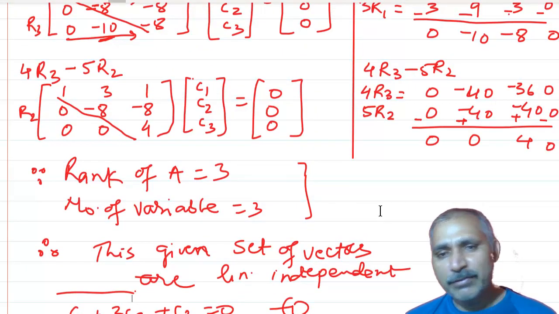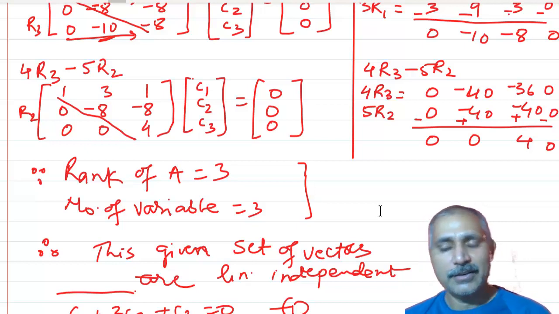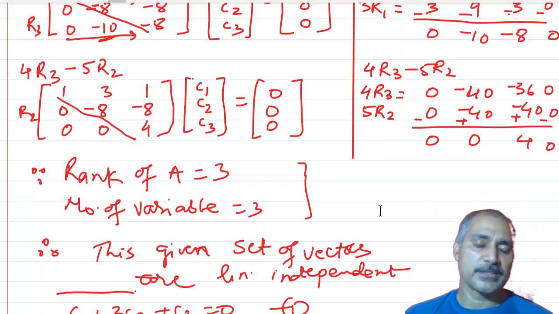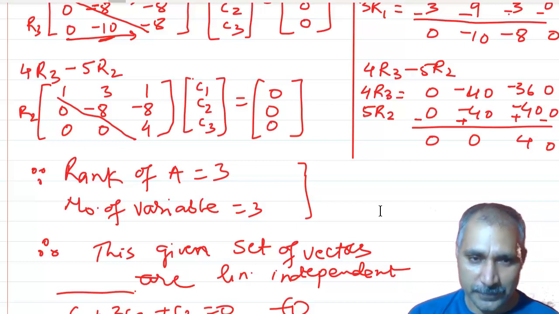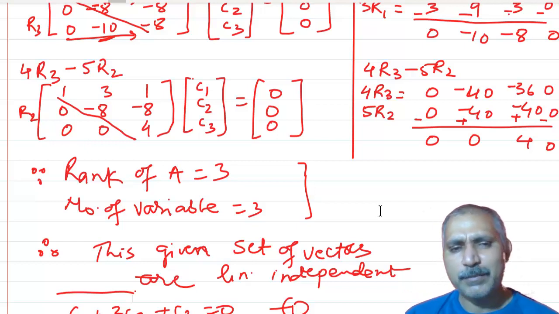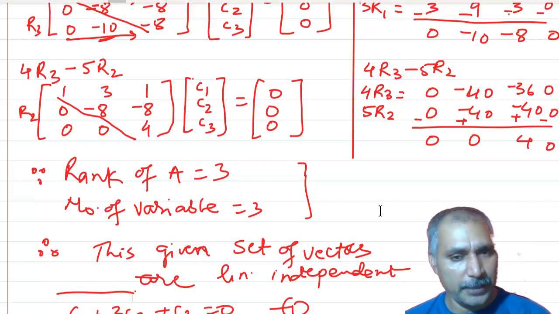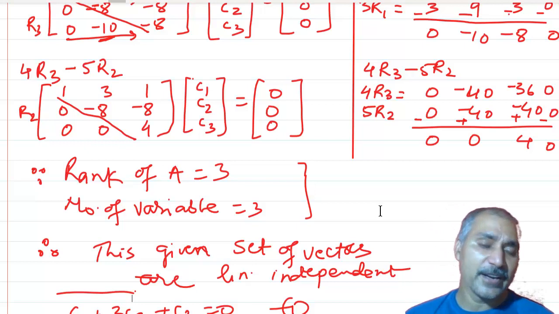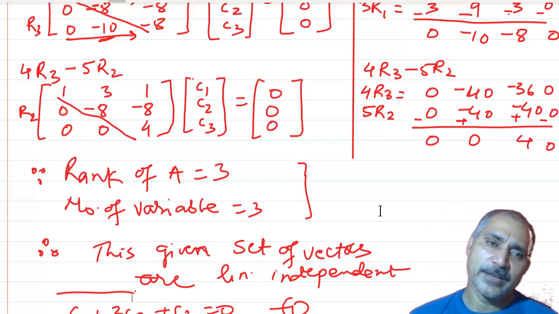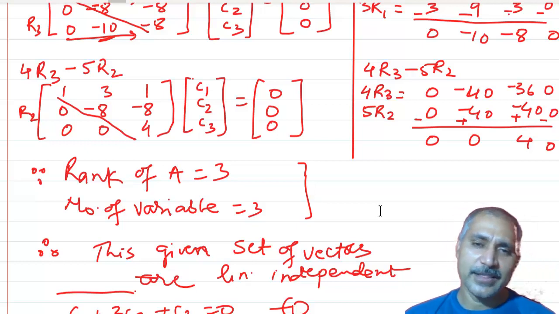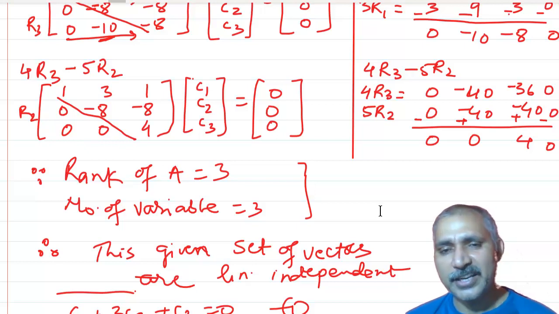So if we use the property of rank, we can save our time in finding whether the given set of vectors are linearly dependent or independent. Always remember, when the rank of A is equal to the number of variables, vectors are going to be linearly independent. And when the rank of A is less than the number of variables, in that case, the given set of vectors will be linearly dependent.